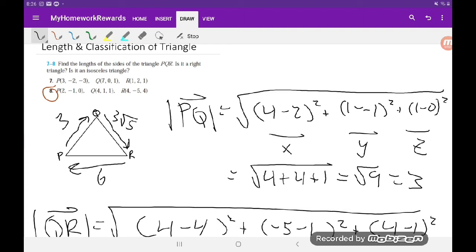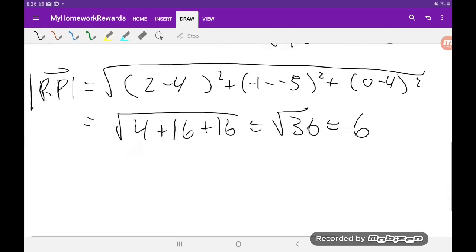So now we have the magnitude of all the different side lengths. Because all the lengths are different, that means the triangle is scalene, not isosceles. Last thing we'll do is check whether or not this is a right angle triangle. So to do so, we'll use Pythagorean Theorem.